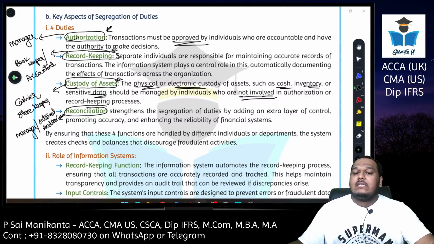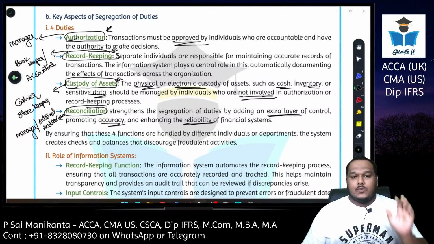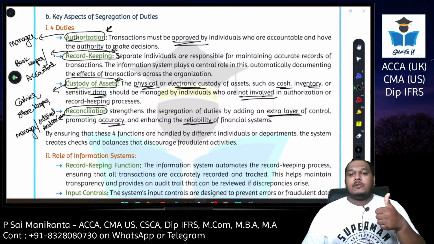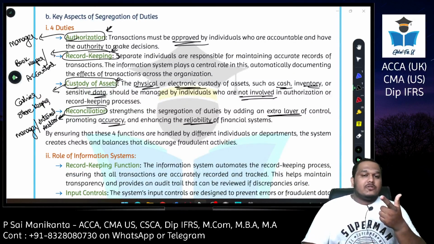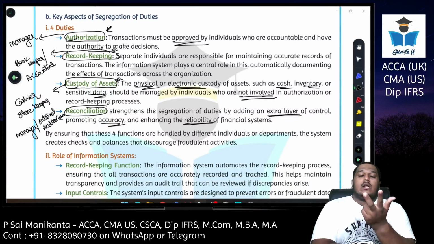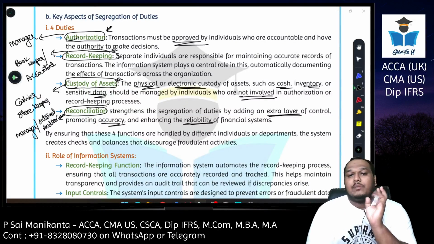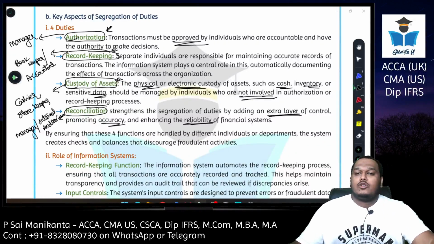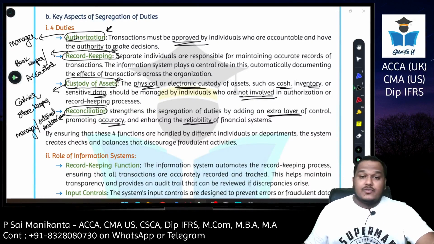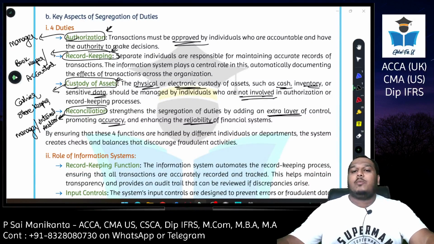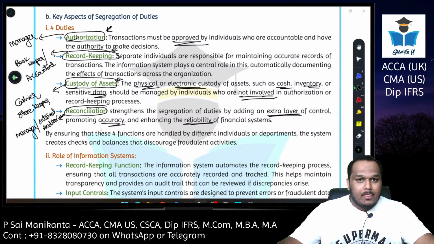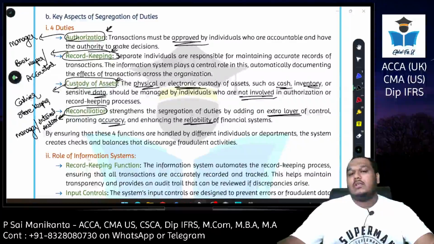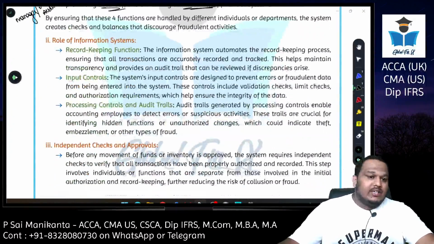This strengthens the segregation of duties by adding an extra layer of control, promoting accuracy and reliability of the financial system. So for the four key duties: record keeping should be done by one person, authorization by another person, custody with another person, and ultimately a reconciliation performed by some other person. Any two of these four should not be allowed to be done by the same person. Four different individuals should perform these four different activities.